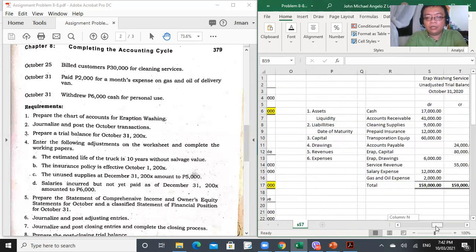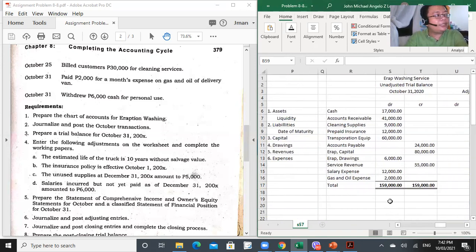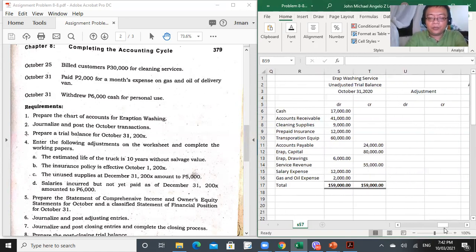you put it in our unadjusted trial balance. Since there's no depreciation expense and also accumulated depreciation here, we'll put it at the bottom, below the total. So we will put here depreciation expense, and the cost here is 1,500.